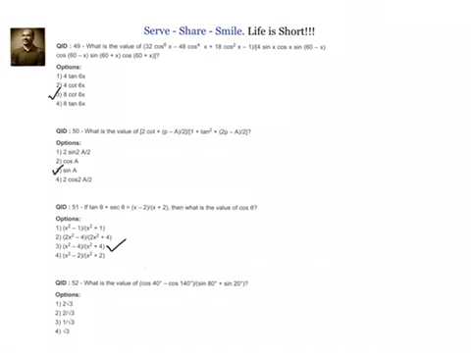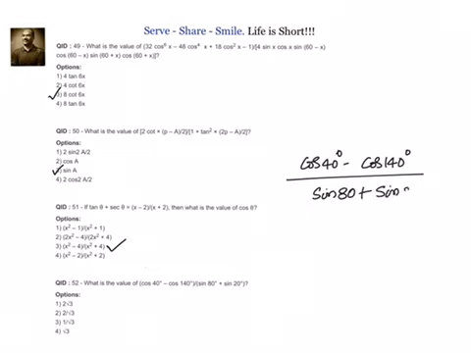What is the value of cos 40 minus cos 140? Let me write down cos 40 minus cos 140 divided by sin 80 plus sin 20. Looking at the problem, we know that we have to apply transformations.